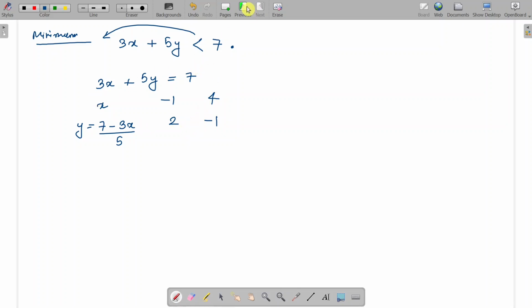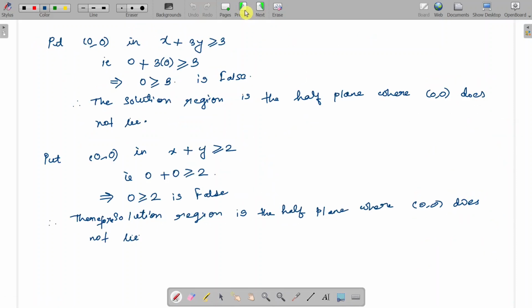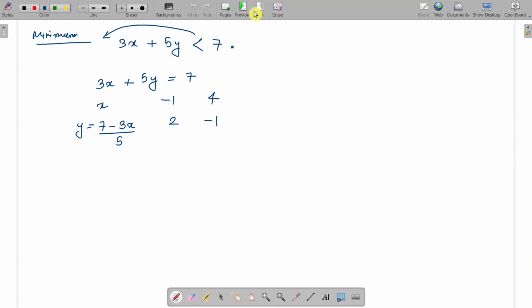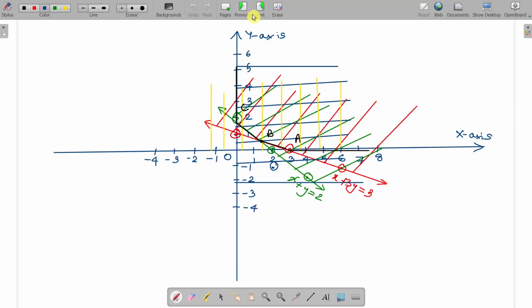So let us plot the line. So if you plot the line, the first point is minus 1 comma 2, here, right? And the second point is 4 comma minus 1.